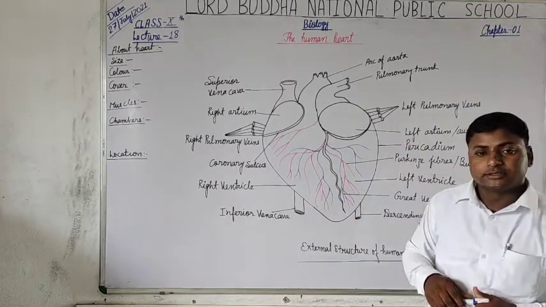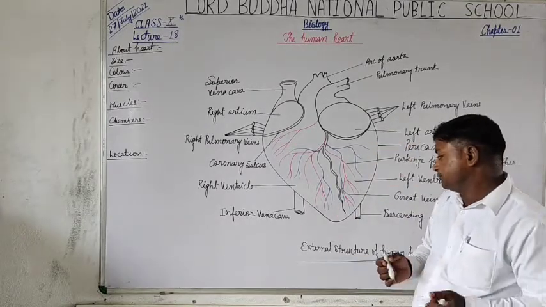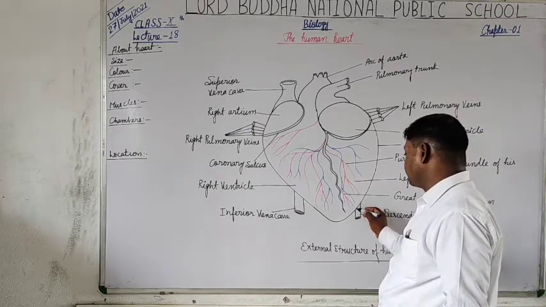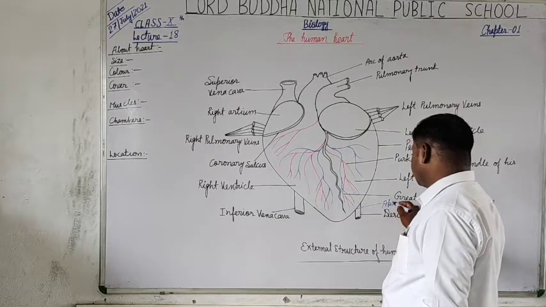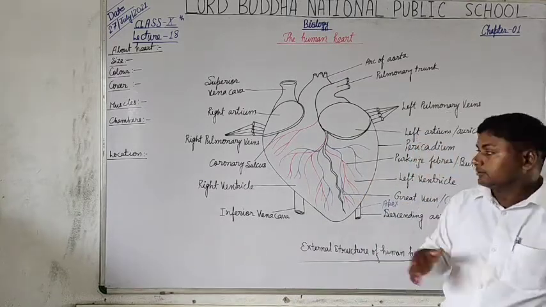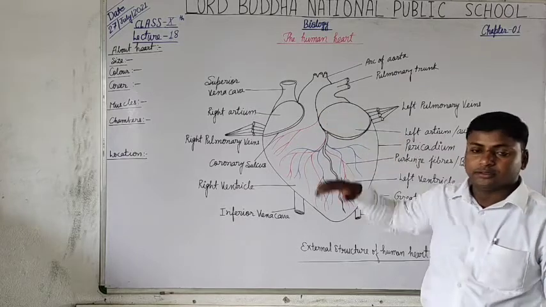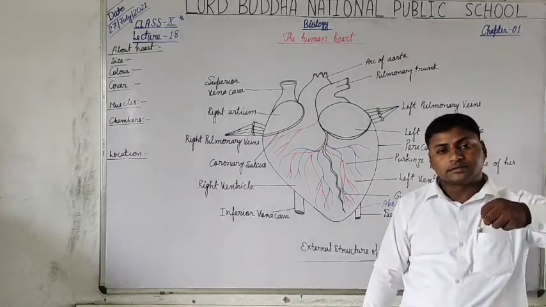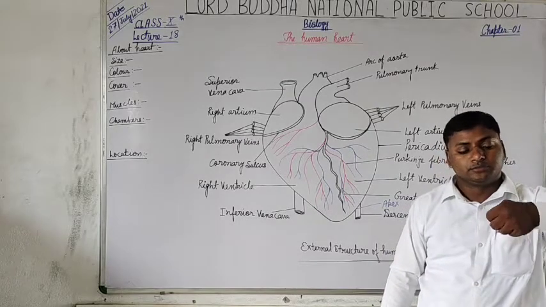It is somewhat conical at the apex and flattened at the anterior region, about the size of a closed fist.